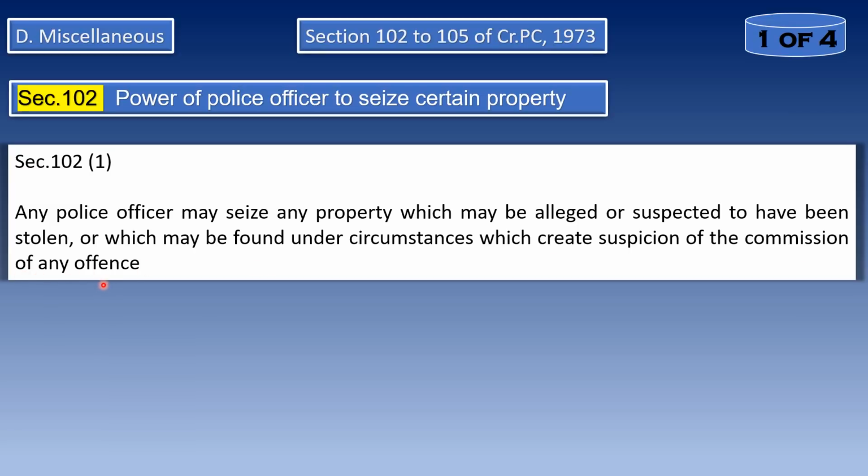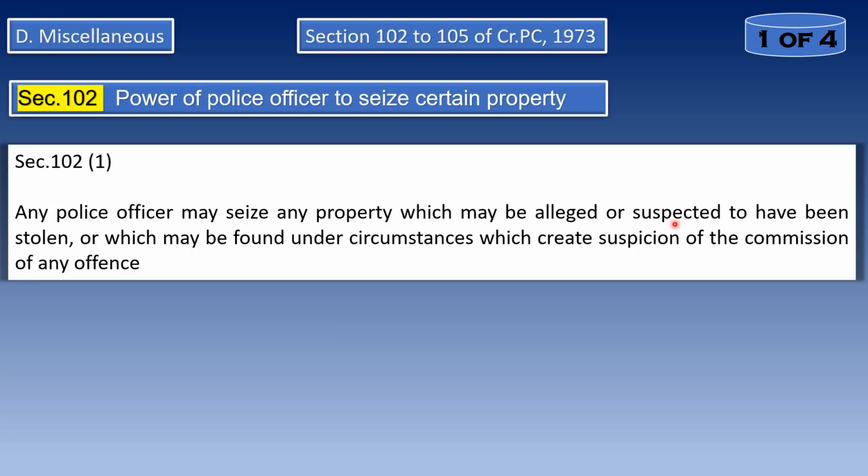So this fourth part has started on a different note. Now we are not even touching the point that a search warrant has been issued. So there is no involvement of the court over here. The police is acting on either a complaint which is said to be alleged or on suspicion, which means they are acting on their own.